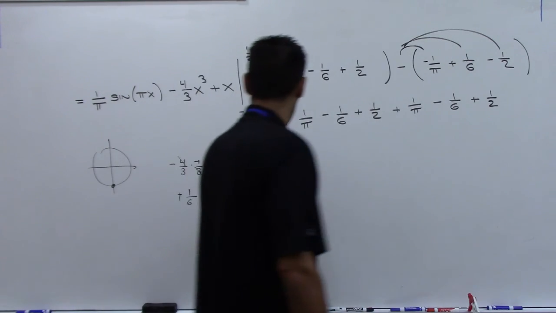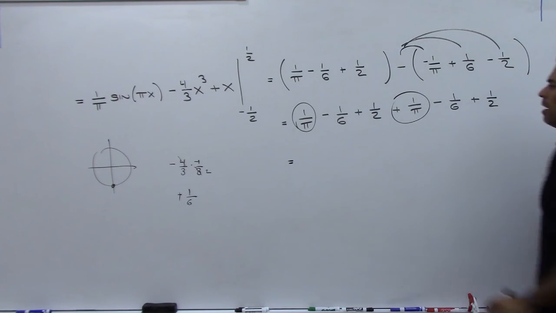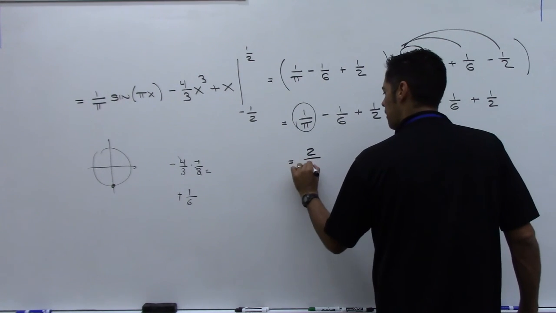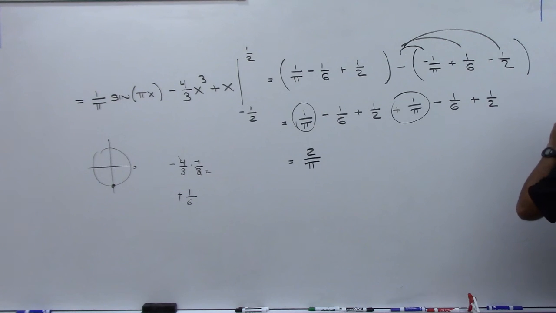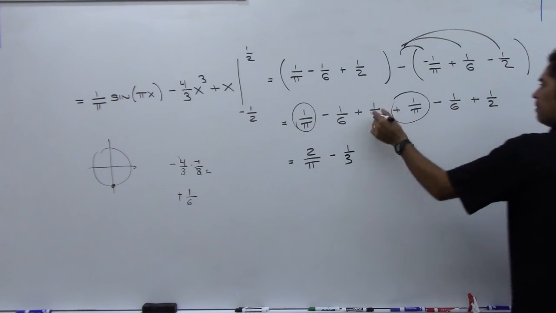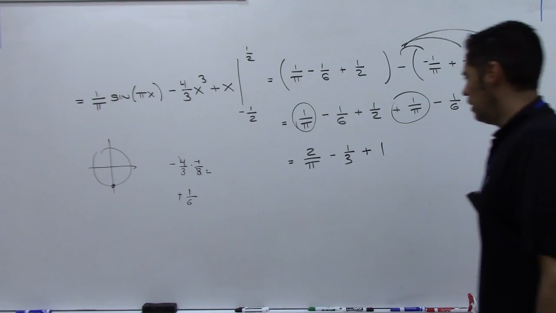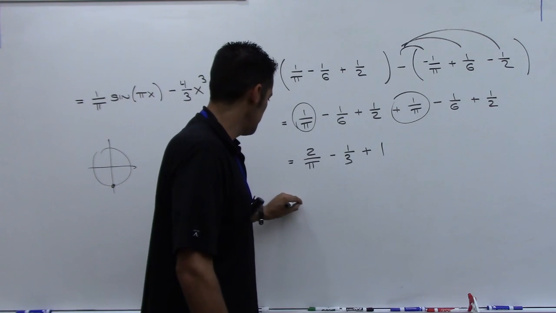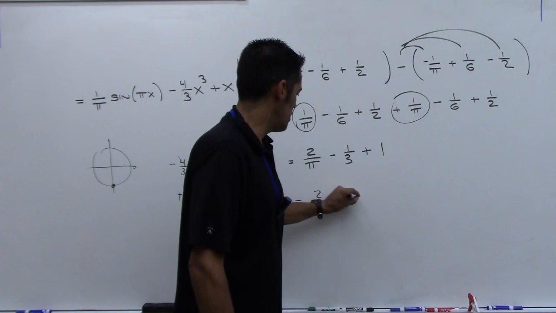If you have 1 over pi plus another 1 over pi, that means you have two 1 over pi's, so that's 2 over pi. -1/6 minus 1/6 is -2/6, which is -1/3. And then 1/2 plus 1/2 is 1. And we can put these two together. That gives us 2/3. So 2 over pi plus 2/3.